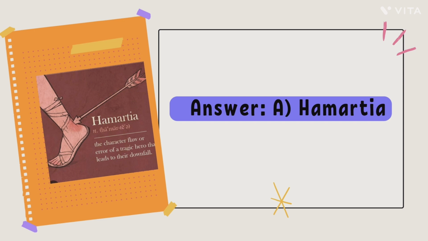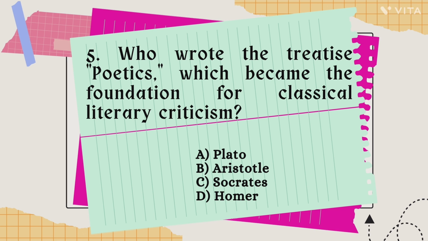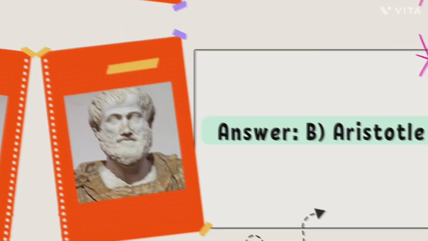Moving on to the final question, who wrote the treatise Poetics, which became the foundation for classical literary criticism? The options are Plato, Aristotle, Socrates, Homer. Coming to the answer: Aristotle.